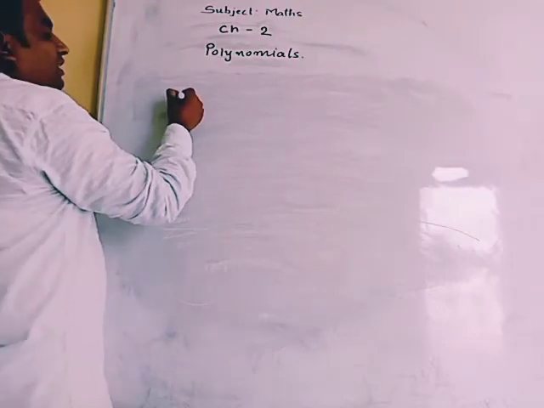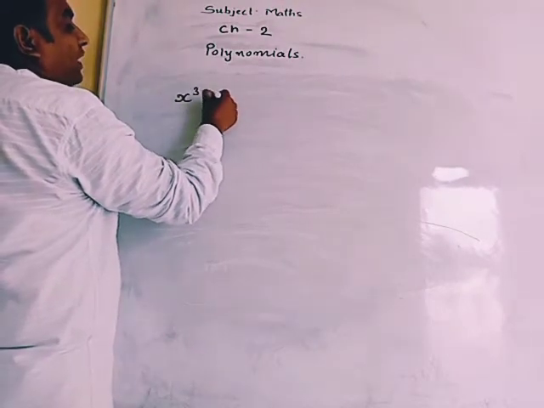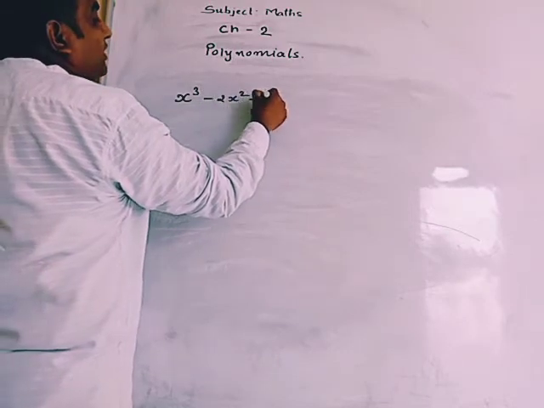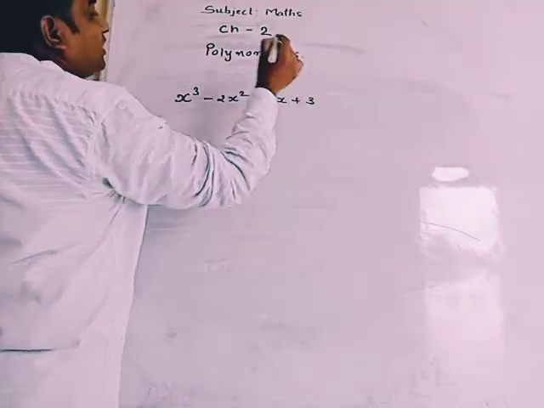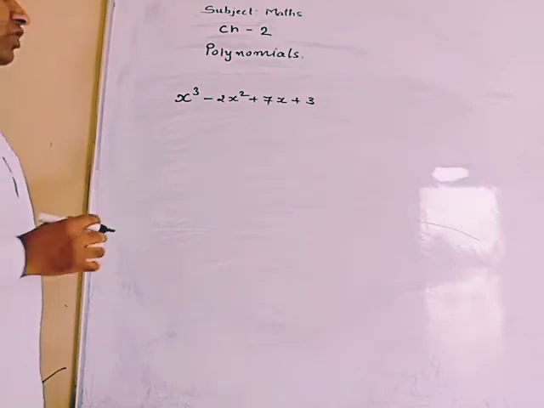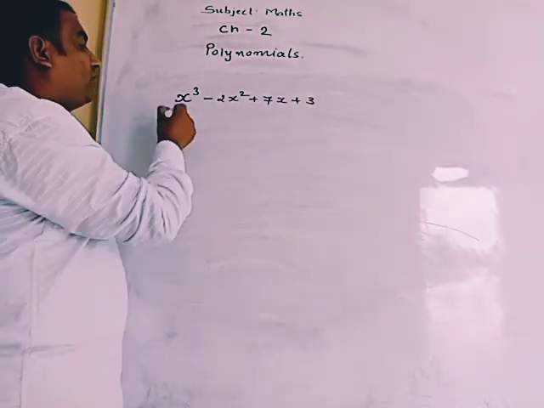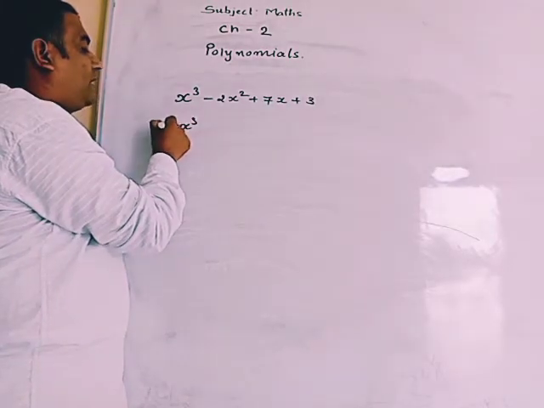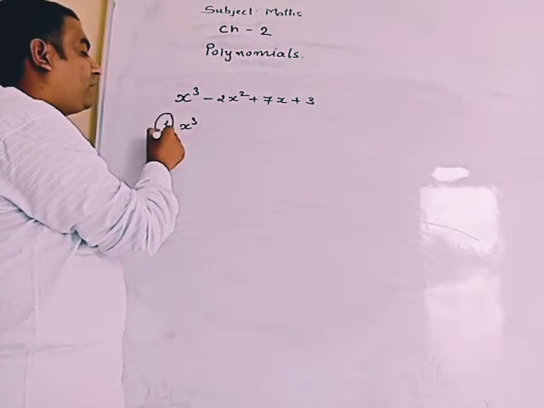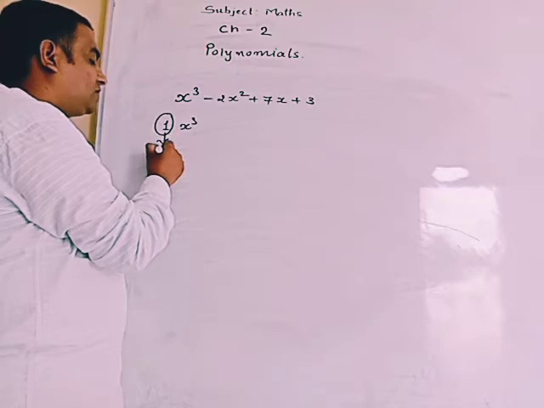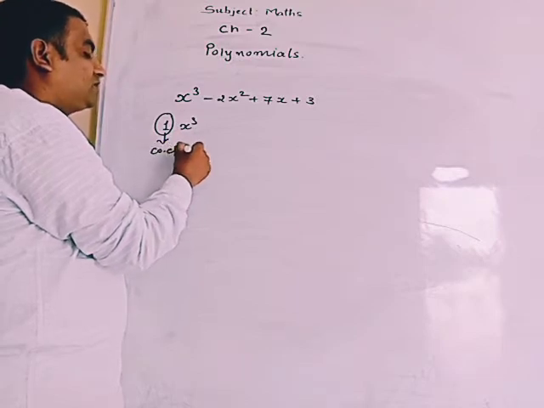Now let's write one polynomial: x cubed minus 2x square plus 7x plus 3. So this polynomial has 4 terms: 1, 2, 3, 4. In primary standard you have already studied that x cube is multiplied with 1. The number multiplied with the variable is known as the coefficient.